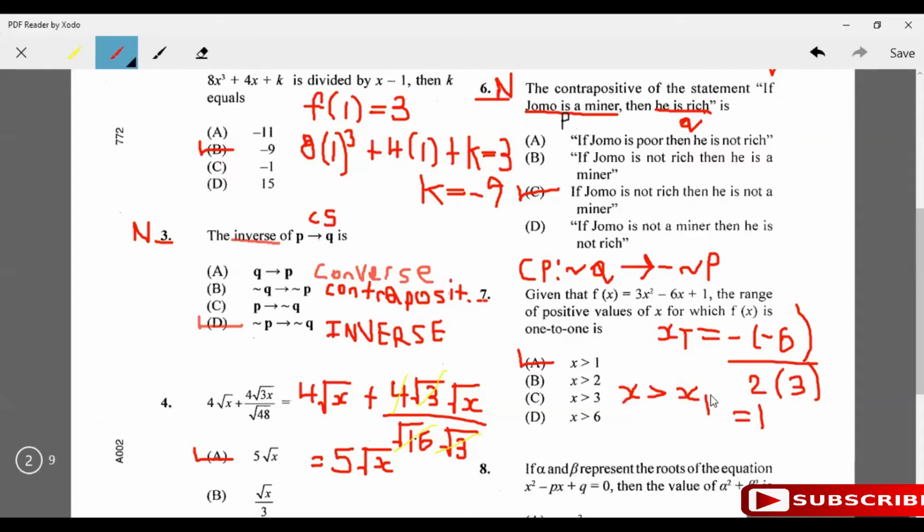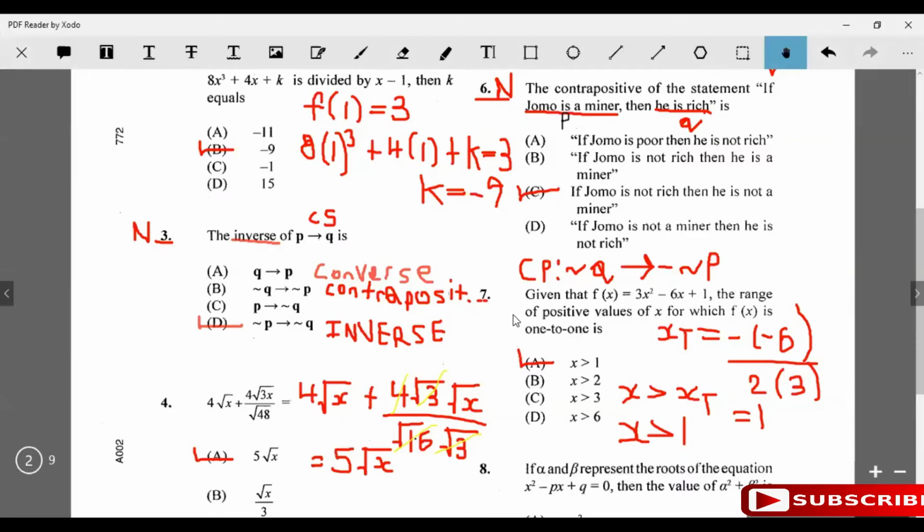So x is greater than xt, so the solution is x is greater than 1. I only did the schematic or the sketch so we can see what is going on, but that is question 7a.